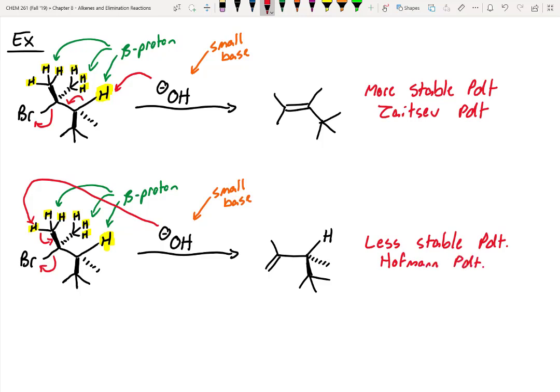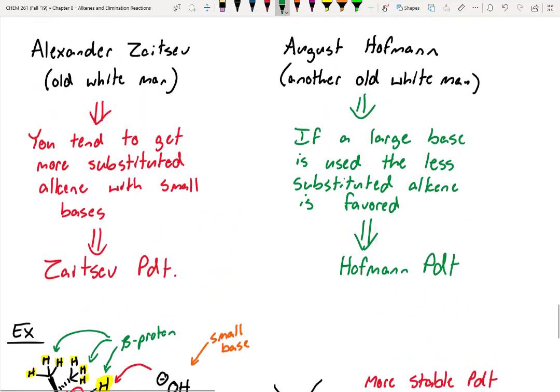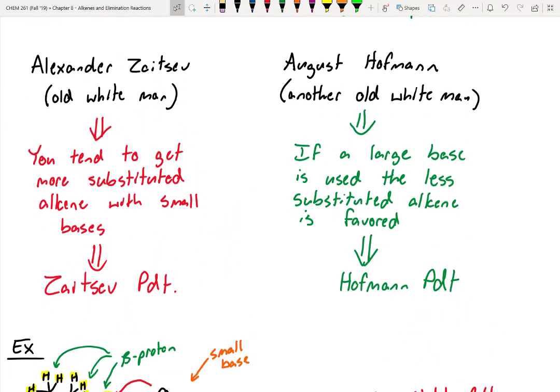All right, we could theoretically get both of these because both of them have anticoplanar beta protons. Which one do you think is going to be major, given the fact that we're using a small base? The top one, right? Because up here, we said that Zaitsev said you tend to get the more substituted alkene with the small base.